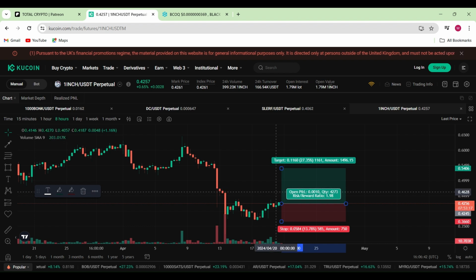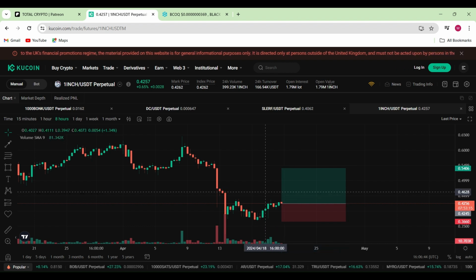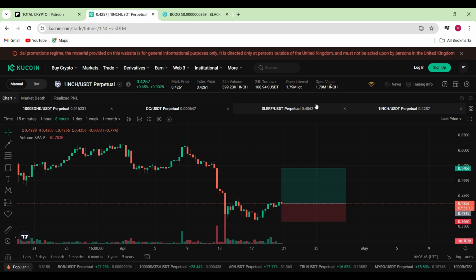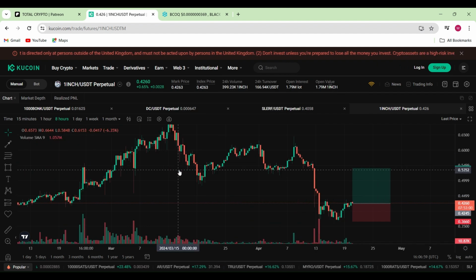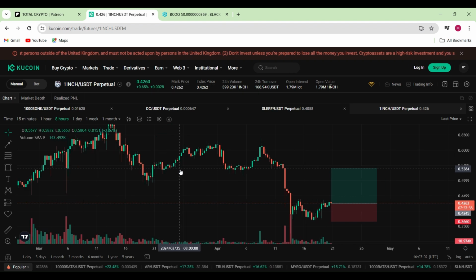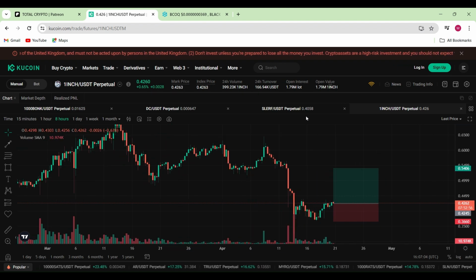That is not looking too bad at the minute for 1inch. See, guys, now we just need to be patient with the trade. So 1inch is looking pretty good.